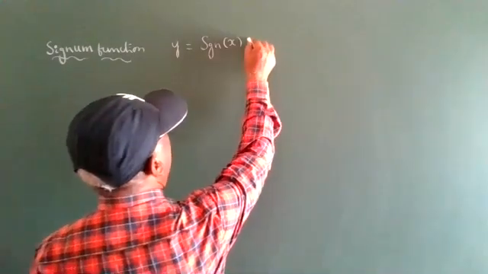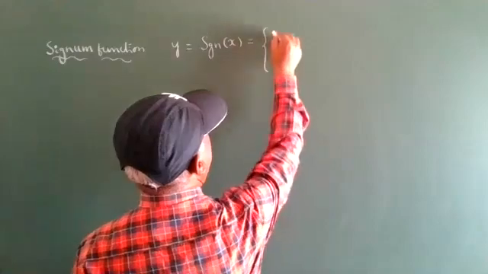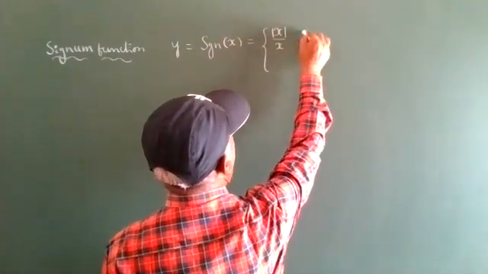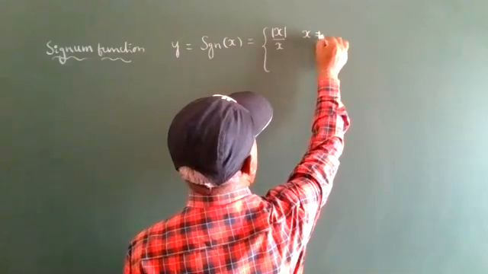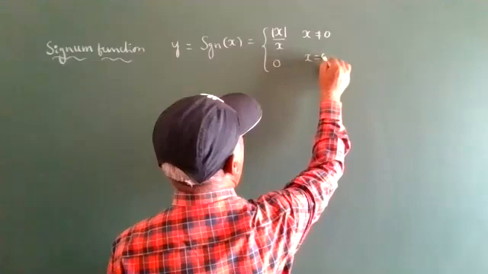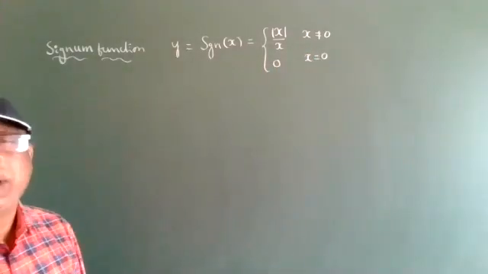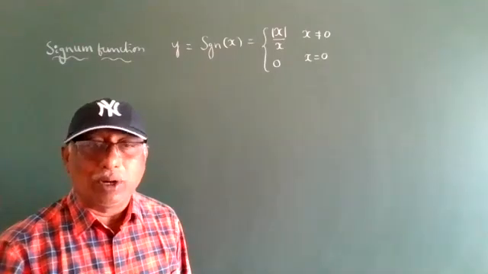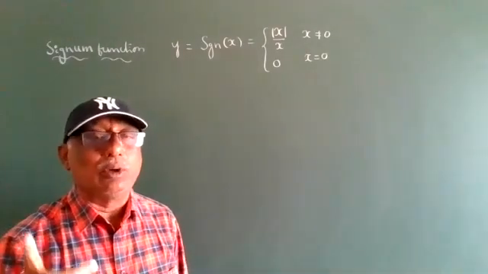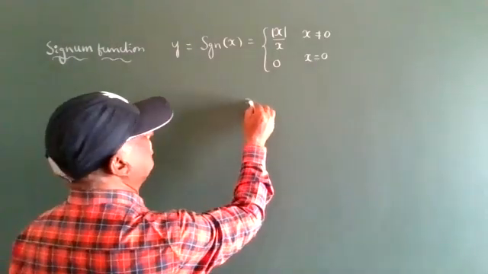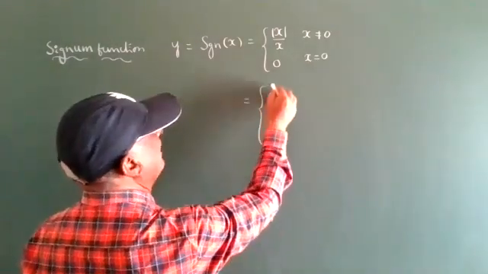It is modulus of x by x, for x not equal to 0, and 0 if x is equal to 0. So modulus of x by x when x is not equal to 0; when x is equal to 0, then the value is 0. This signum function should be written in the correct form.